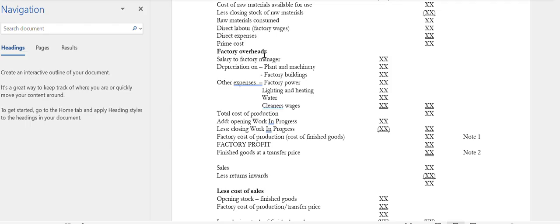Why are we lessing the closing work in progress? Because the closing work in progress will be used as opening work in progress in the subsequent year. So always remember that we normally add opening work in progress and then we less closing work in progress. Now to get what we call factory cost of production, or what we call cost of completed goods. Are you together? Cost of completed goods.